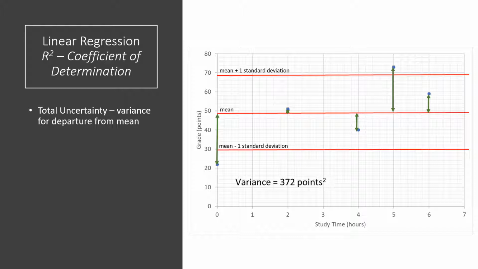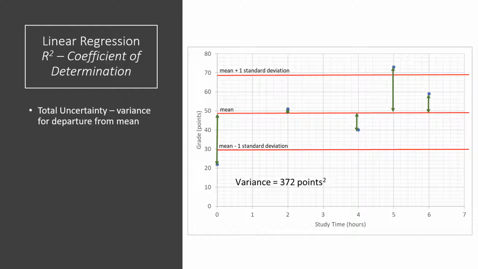So these are the same 5 students, 1, 2, 3, 4, 5. And what I'm showing you here are the departures from the mean of those 5 values, so in this case, essentially a horizontal line. And then we can calculate the standard deviation and the variance of that.